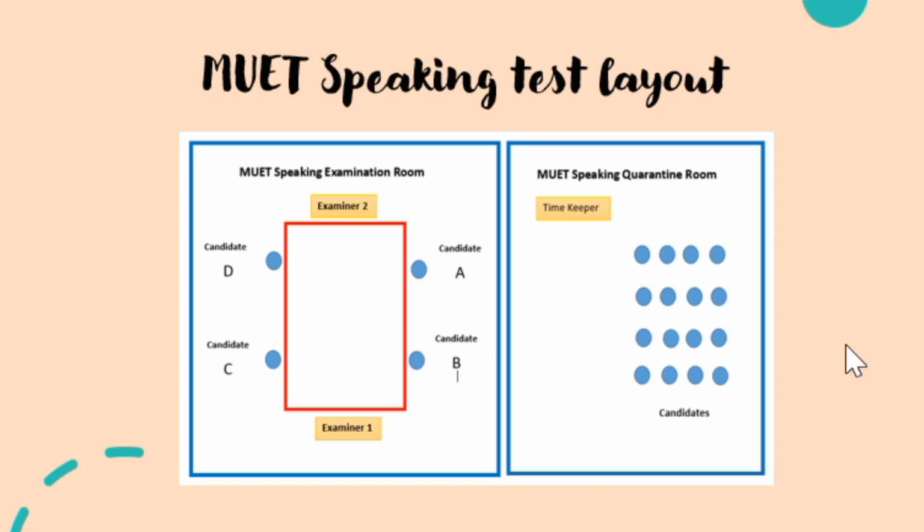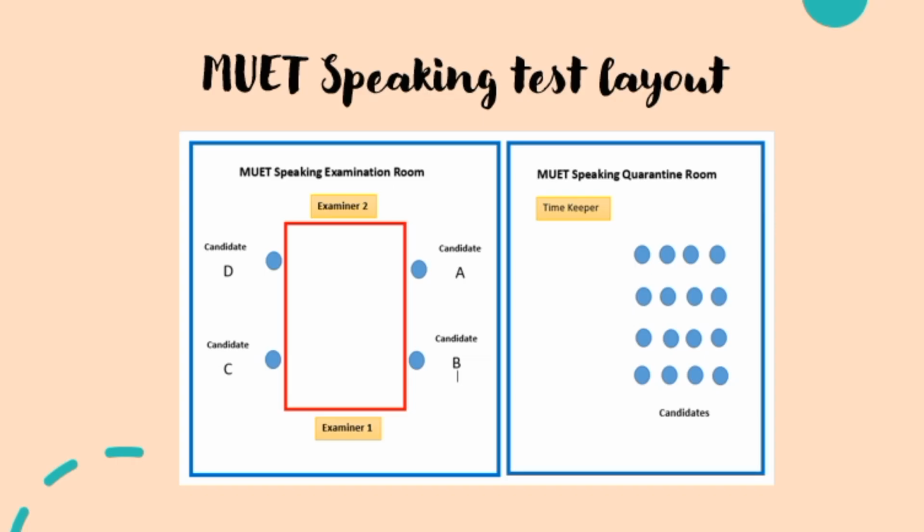He or she will then put you into groups of 4 based on the examination list made available by the MEC. The examination personnel, who is also the timekeeper, will let you know whether you are candidate A, B, C, or D. Then you will wait for your turn to go into the examination room with your other 3 group members.